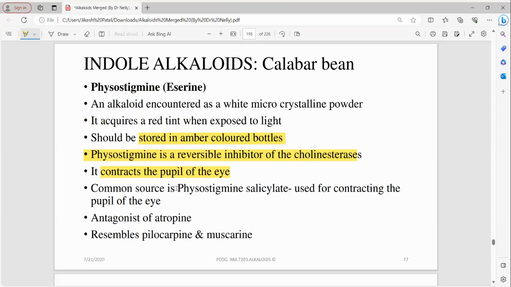So let's look at the eyes. In the sympathetic nervous system, what does it do to the eyes? Remember, sympathetic is fight or flight. For example, you see a lion.